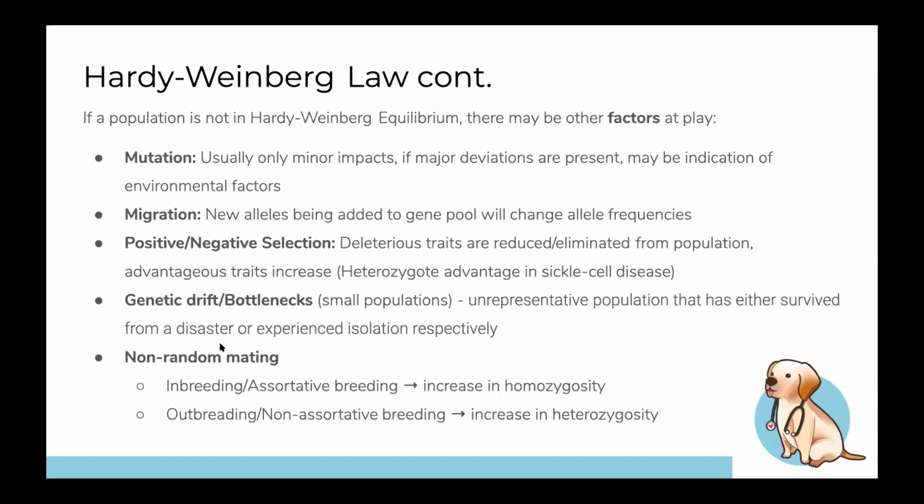This group is not going to be representative of the original population, and that's going to affect your Hardy-Weinberg equilibrium as well. And non-random breeding: if you're inbreeding, so within the family, versus outbreeding, that's going to either increase your homozygosity or increase your heterozygosity. So yep, these are just a couple of factors that will influence it.